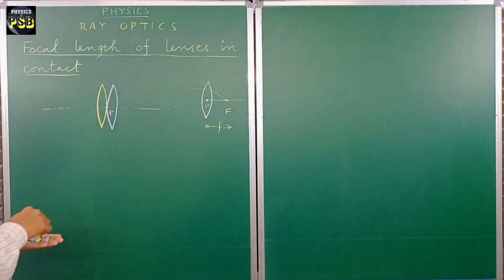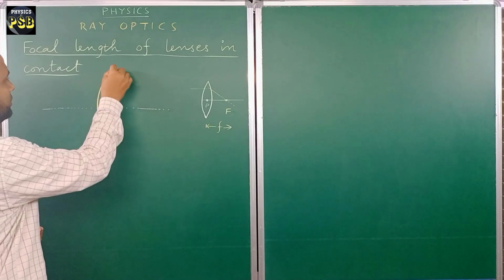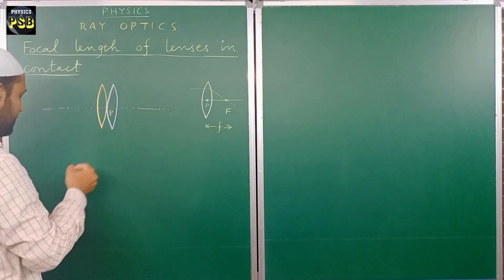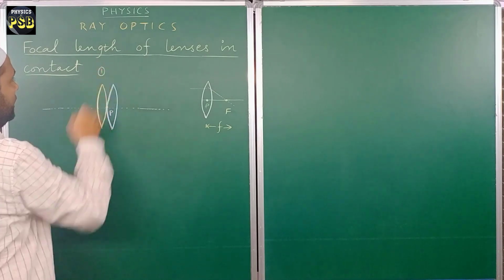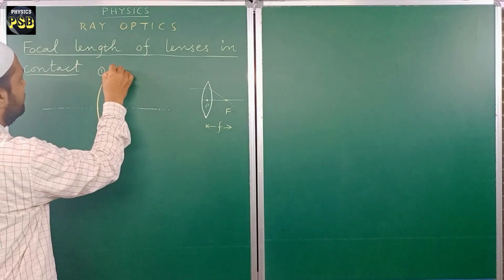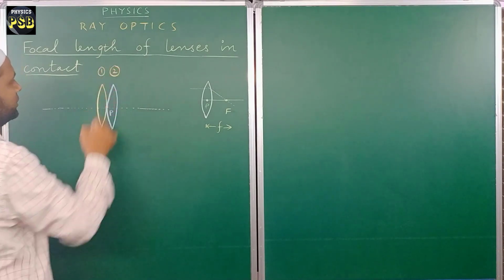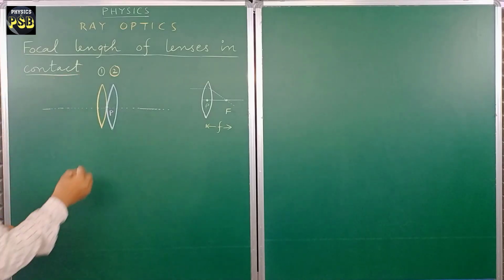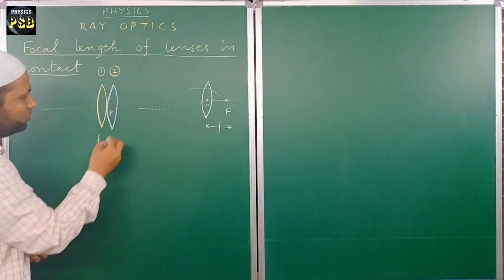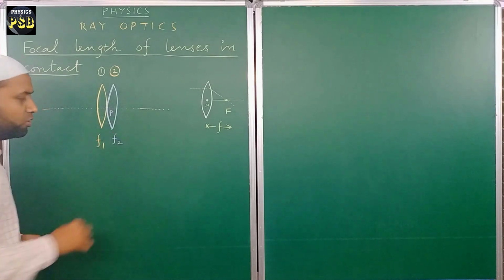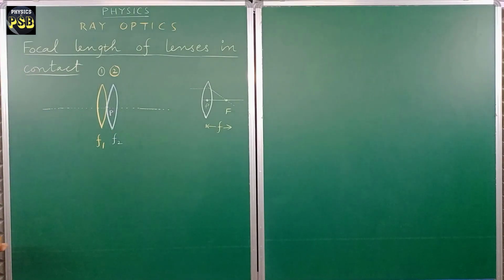Okay. Now I name this as lens 1 and this as lens 2. The focal length of lens 1 is taken as f1 and the focal length of lens 2 is taken as f2.